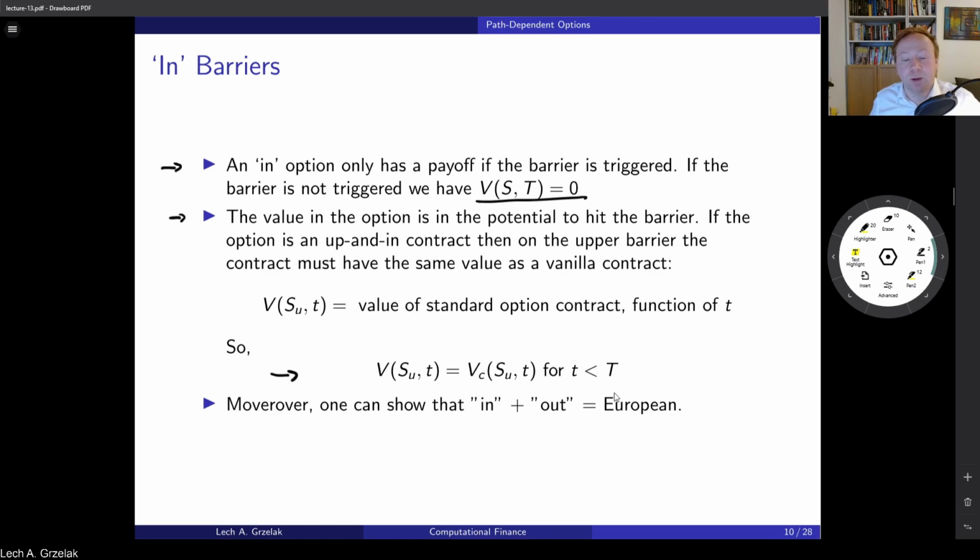You can consider this to be a parity. So if you have the in option, you can also determine the out value once we have a European payoff. And a European option, in terms of the Black-Scholes model, you know analytically in most cases. So then you can immediately get the out one for free. And the opposite holds the same. If you have out and you would like to get in, then you have to calculate based on a European contract.